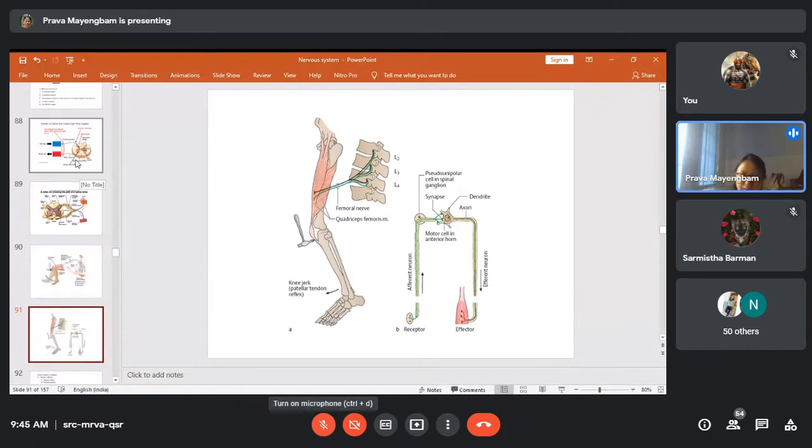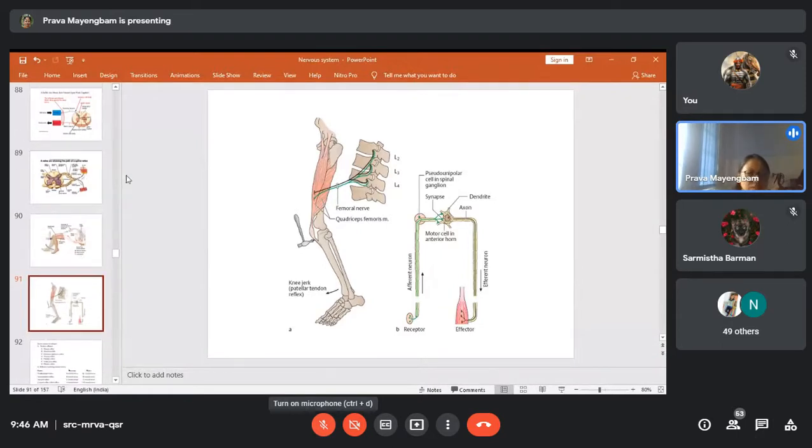Then you can make a sketch: this is the sensory neuron where the stimulus is going, then the dorsal root, then the ventral root, and the gray matter where the association neuron is present, coming out as a motor neuron and reaching the effector organ, and the response is produced. So that completes the reflex action. I'm showing these figures just for your understanding.